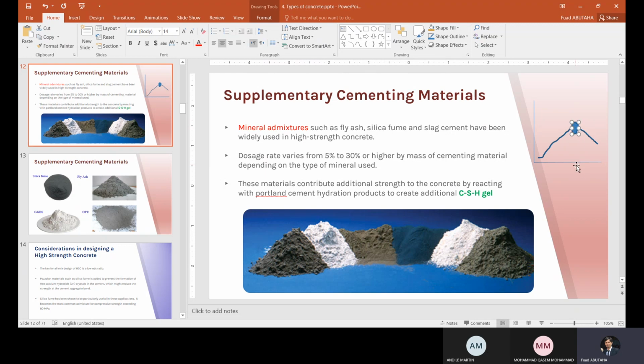But at some point, more than 20 percent, the compressive strength will start decreasing. So there is no point to increase more than this amount, this is the optimum replacement level. We have a different chart for different mineral admixtures.